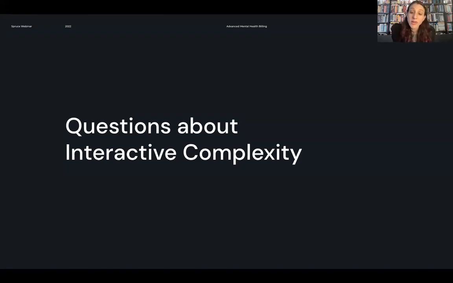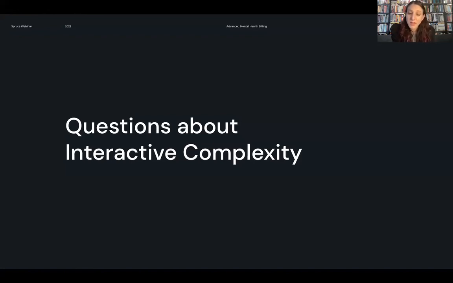So if you're doing these other case management activities on the same day as a session, then you can add the interactive complexity code to that session. If they're happening on a different day, unfortunately, it cannot be added because it needs to be added to a session. That person followed up with could it be added to the next session? And so it sounds like the answer is no, you need to do it in the same day, unfortunately.